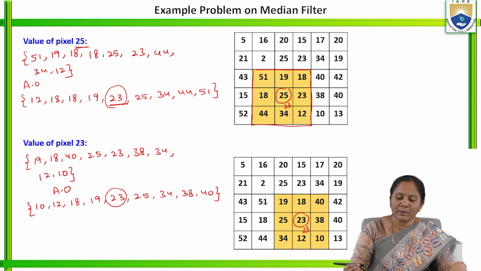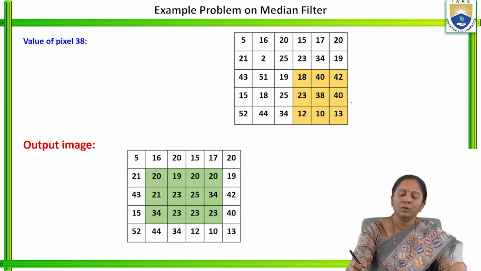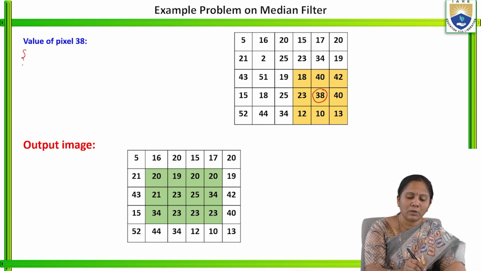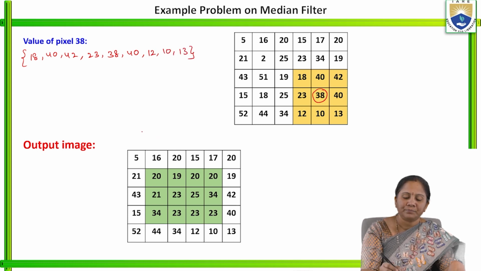Similarly, if we shift the mask towards right by one column, this 38 will become the center pixel. So the sub image will be looking like this. Now considering this 38 as the center pixel, we have to write what are all the neighborhood pixel values. That is 18, 40, 42, 23, 38, 40, 12, 10, 13.